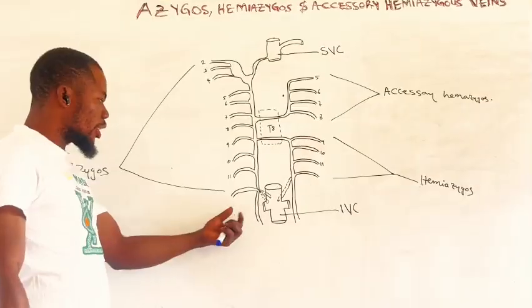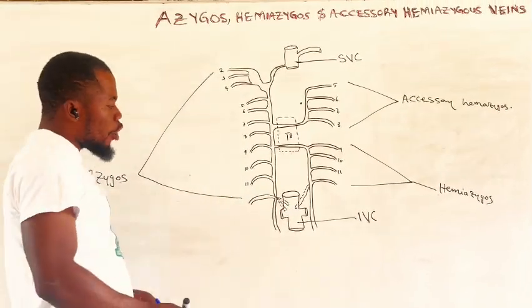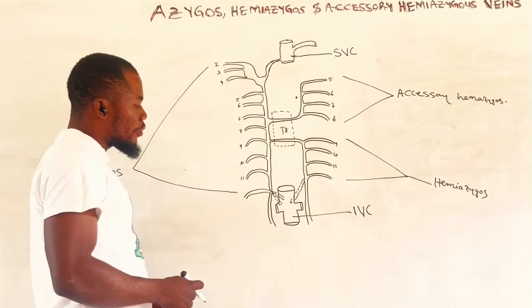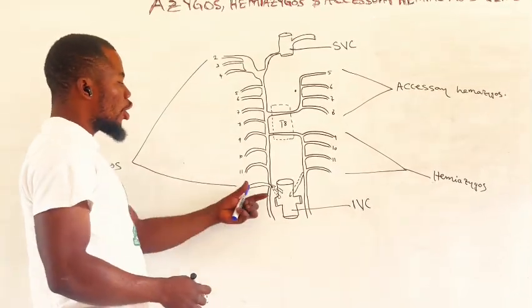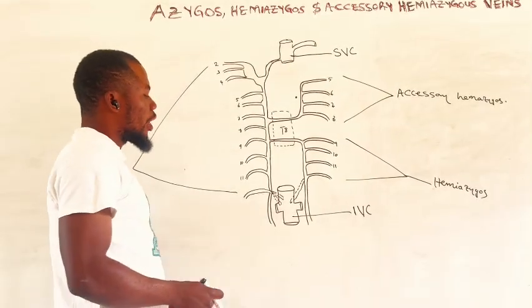Now, this is the formation of the azygos vein. The azygos vein is commonly formed by the union of the right subcostal vein and the right ascending lumbar vein, and occasionally it can also be formed by the right renal vein.